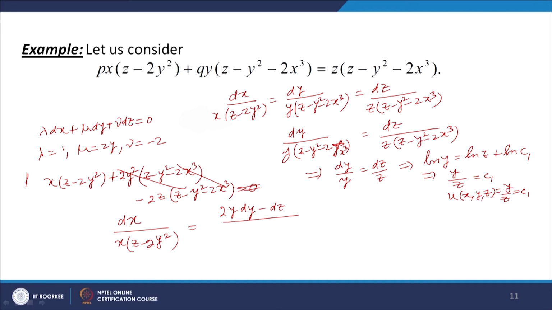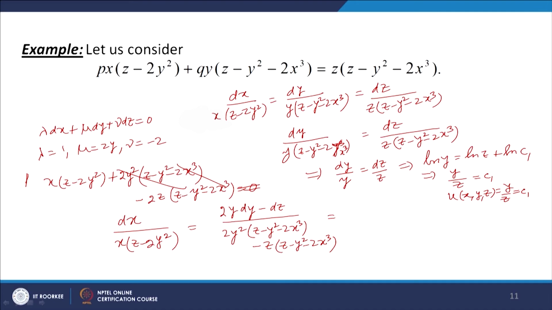Okay. So, here we take 2y. So, 2y square into z minus y square minus 2x cube, minus z times z minus y square minus 2x cube. Let us do this.